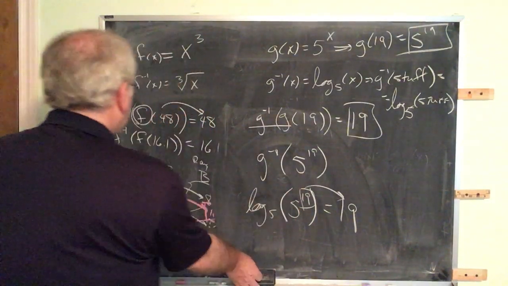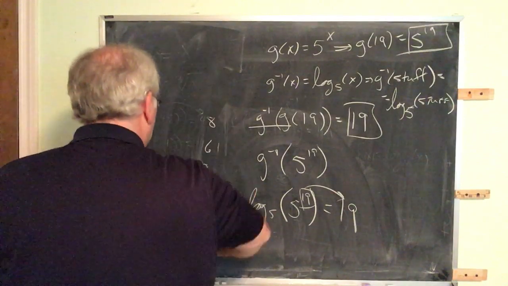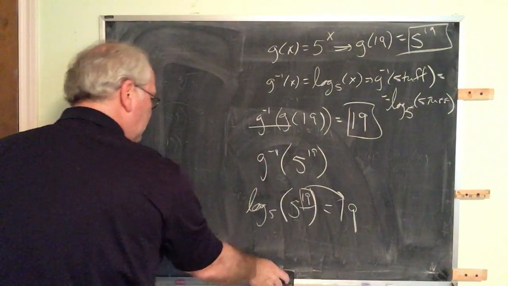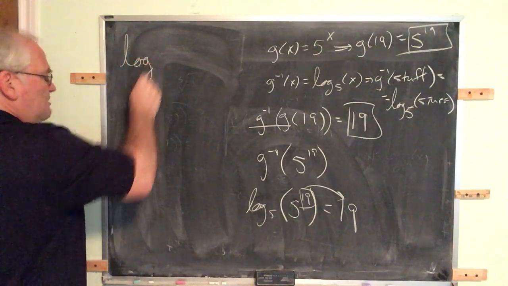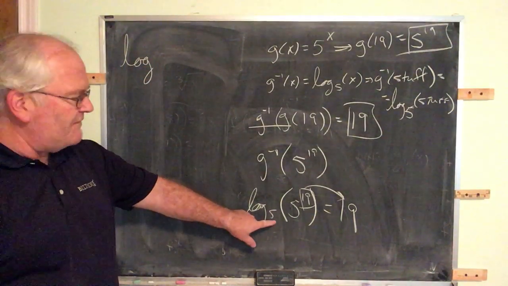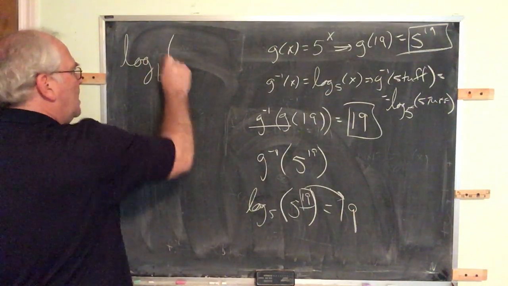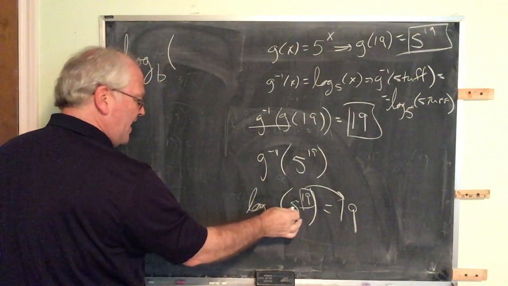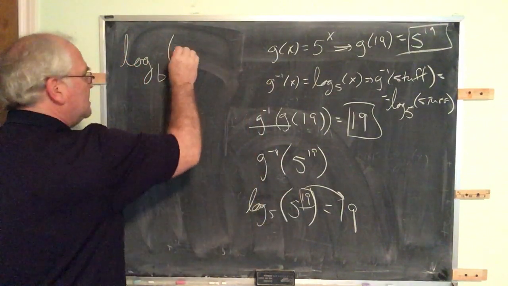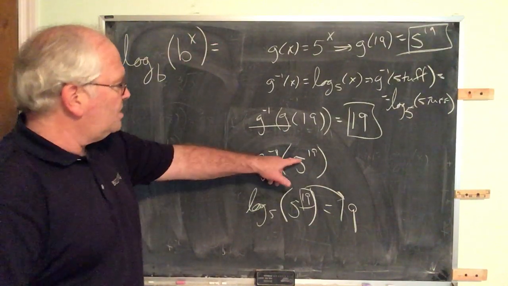So we can now expand this to a larger principle. If we take log base b, there's nothing magic about 5, it can be anything, log base b of b to the x, what is that equal to?